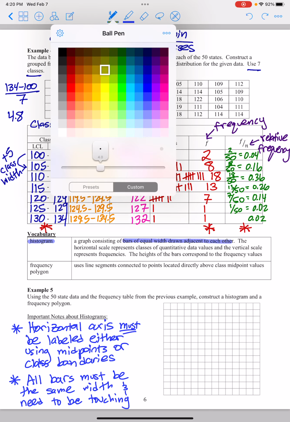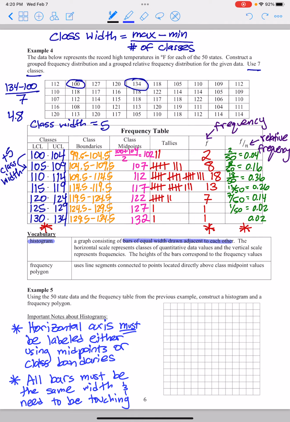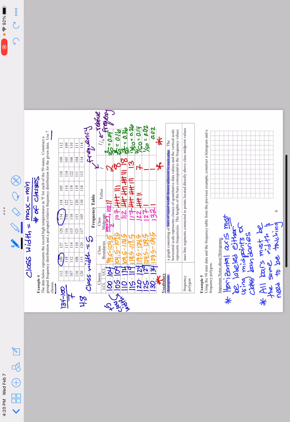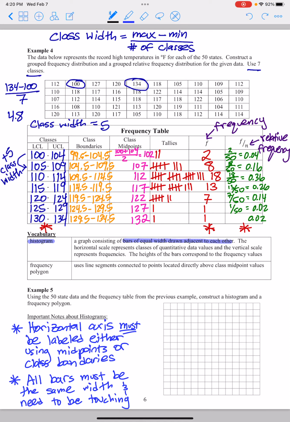So always make sure you label. We're going to call this vertical axis our frequency, and the horizontal axis is temperature, specifically temperature in degrees Fahrenheit. I'm going to use class midpoints.